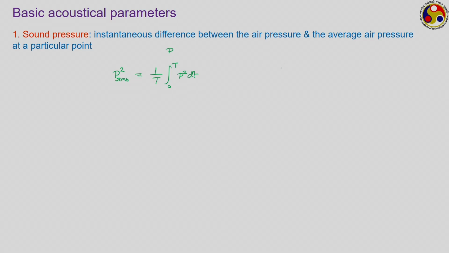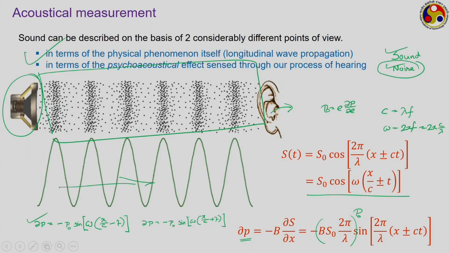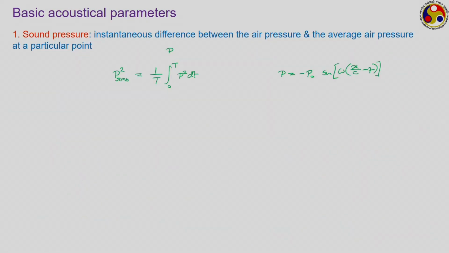Now, let us take a right running wave, and a very simple signal, something like P equal to minus P naught into sine of omega into x upon c minus t. For simplicity, let us ignore this minus sign also; that goes as a part of this P naught.